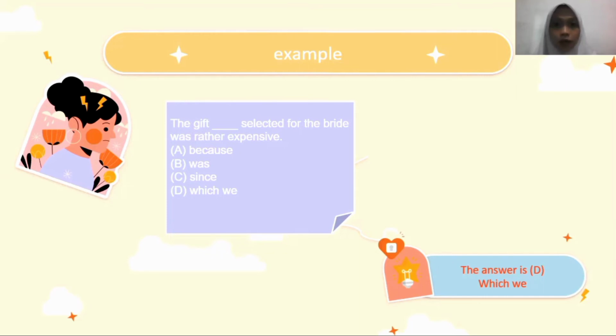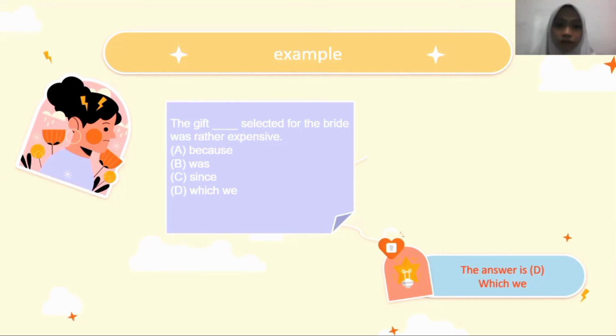Answers A and C are not correct because they only have a connector but do not have a subject. Answer B, if we change selected to a passive verb, the sentence will only have one subject and two verbs. So answer B is also not correct.